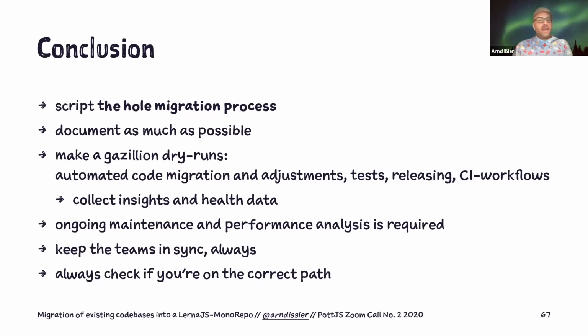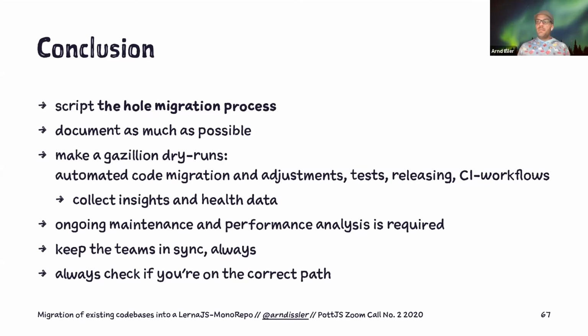So really make a gazillion dry runs and automated code migration, adjustments, testing, releasing, CI workflows, and test if everything is in place. Be aware that you need ongoing maintenance and performance analysis while working with the monorepo, because maybe there is not enough time to do stuff according to the workflow you have implemented.